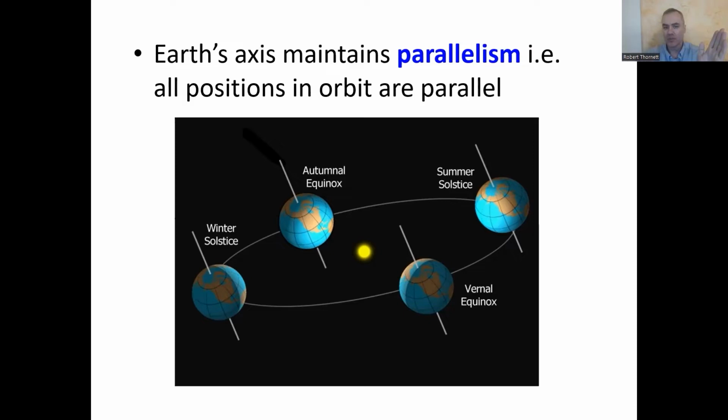In other words, if you look at the summer position, the fall, the winter, and the spring, the vernal, they're all the same angle, they're all parallel to each other. The axis is not flipping and flopping around like this. We don't have to scratch our head and wonder, I wonder what the angle is now. No, the angle stays the same. It's always parallel at all positions. That doesn't mean that it always has the same relationship to the sun. That's the thing that's going to give us our seasons.